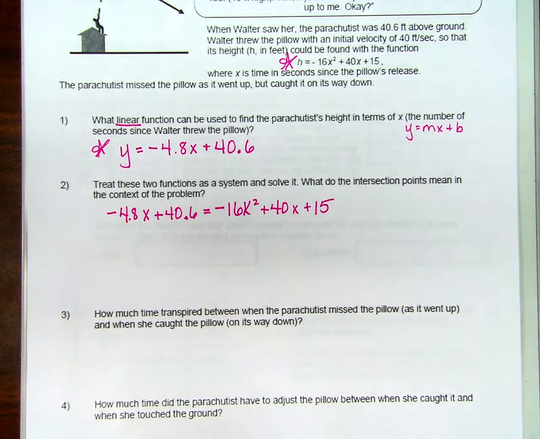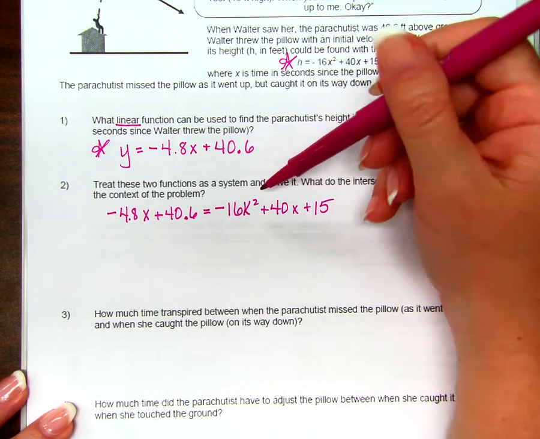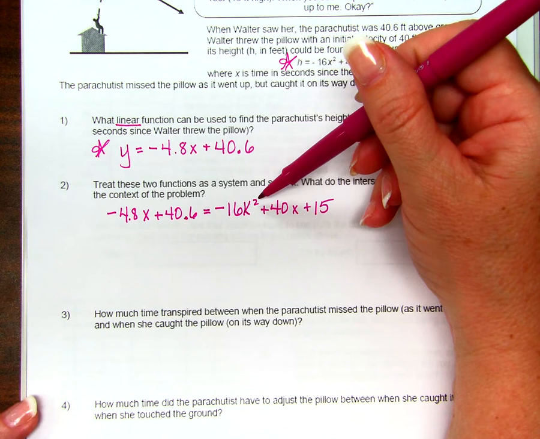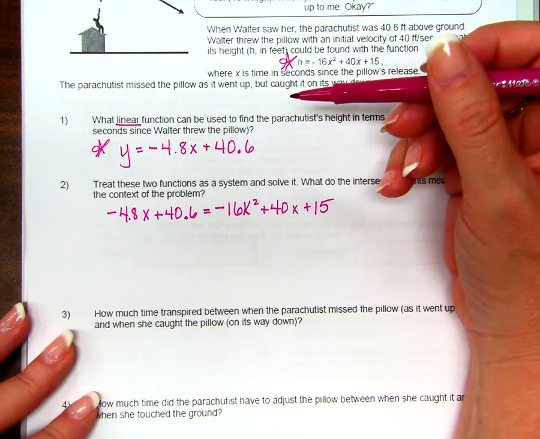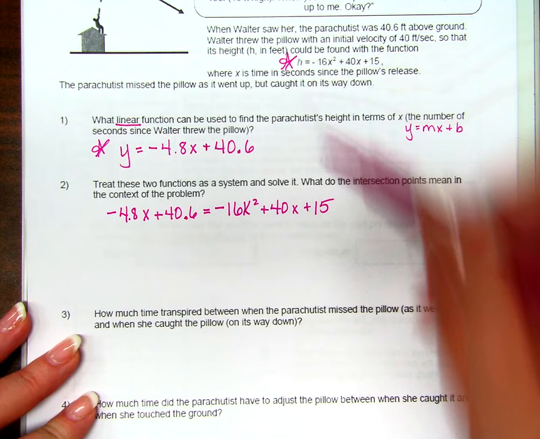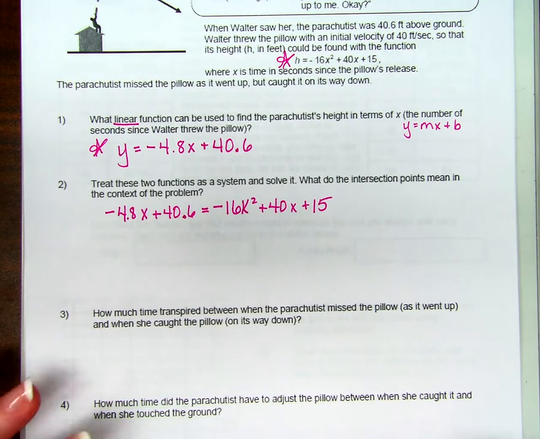So what kind of equation is this now? It is a quadratic, and if it is a quadratic, what do I need to do first? Equal to 0. Very good. What side do you want to move everything to? Does it matter? No. It doesn't matter.